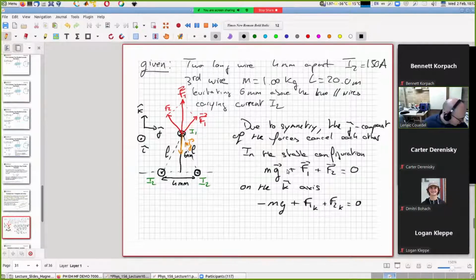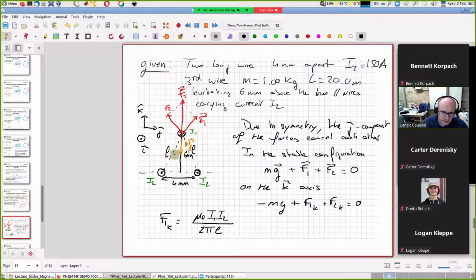So now we want to know the force. If we're just interested in F1, F1 along K will be mu0 I1 I2 divided by 2 pi l. So l is this distance from wire 1 to the top wire. And we have to make a projection of this force on the k-axis.